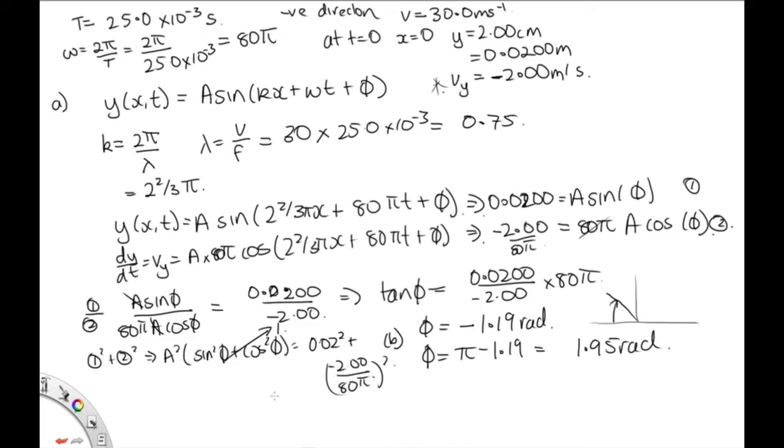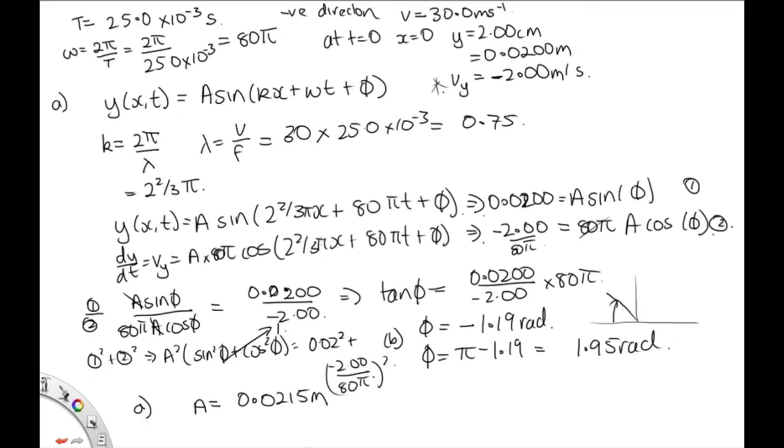And so solving that on the calculator, we end up with A is equal to 0.0215 meters. If we wanted, we could have just substituted phi into here to get that amplitude as well. There's a couple of ways to do it. So that's our answer to A.